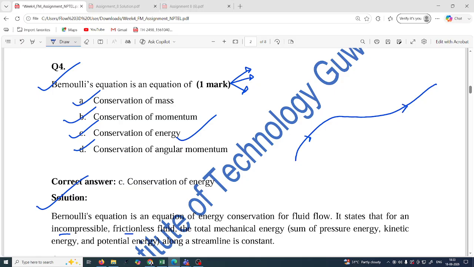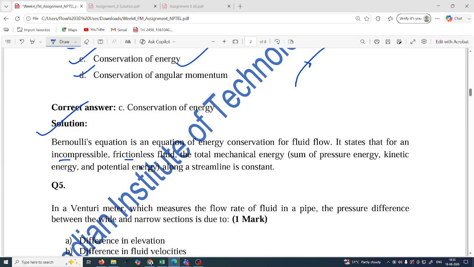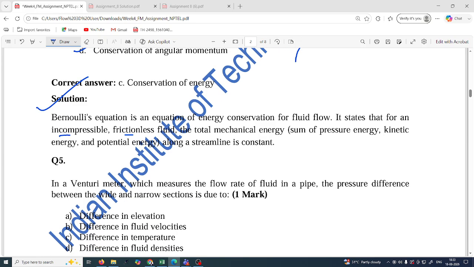Okay, so now let us move on to the next question. Question number 5. Again, very simple question, but you have to remember. In a venturimeter, which measures the flow rate of fluid in a pipe, the pressure difference between the wide and narrow section is due to: difference in elevation, difference in fluid velocities, difference in temperature, difference in fluid densities.